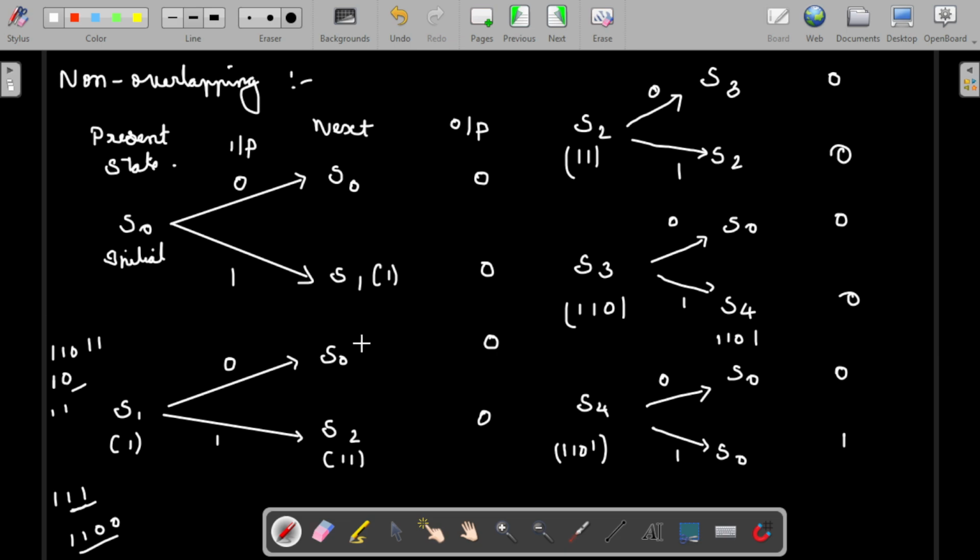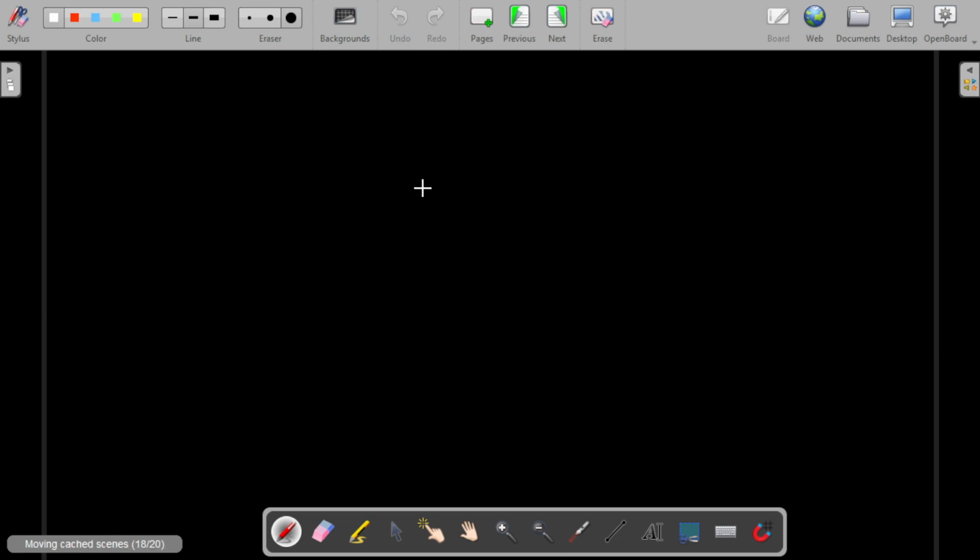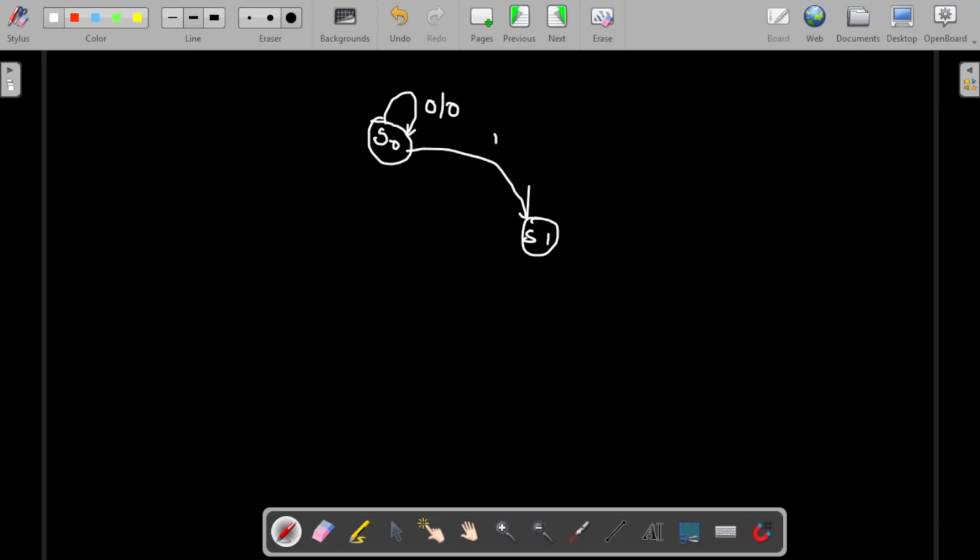Now let us convert this into a state machine diagram. Initially the state is S0. When the input is 0, it returns to the same state and the output is also 0.